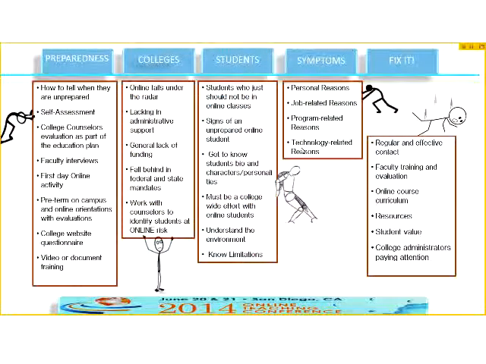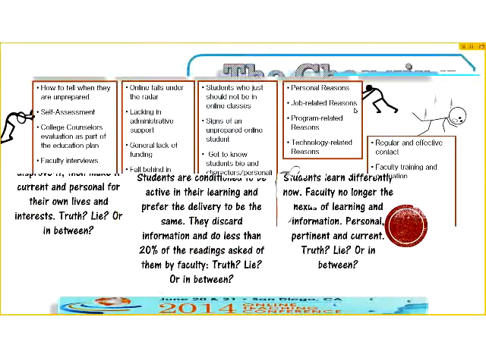We're going to talk about 5 different sections today: preparedness, colleges and their input, students and how to understand when they're succeeding and when they're not, symptoms, what you should look for, and then how to fix it. Everything below in the text boxes are just some of the subjects that we're going to talk about. So thank you for being here.